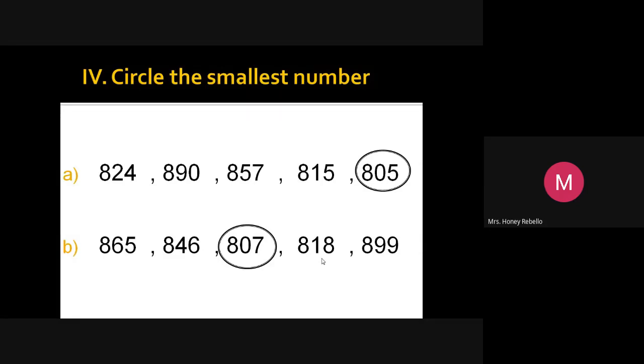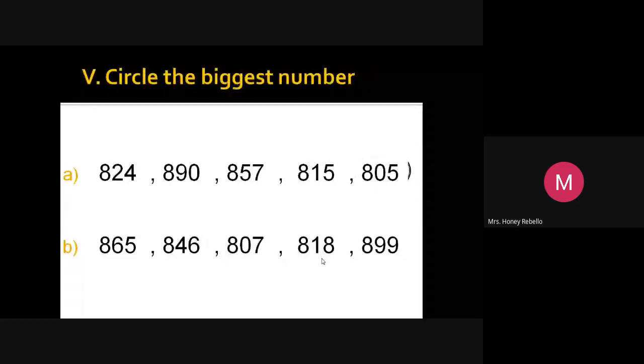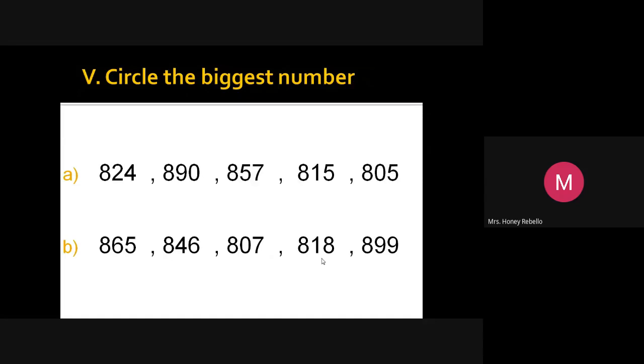Now don't take a new page. Leave a line. Roman number 4. Every day I'll be giving, circle the biggest number. Wait. Roman number 5 in your margin. Leave a line. Roman number 5. Don't take a new page because you have enough space over there. This is your homework every day. I'll give you circle the biggest number.